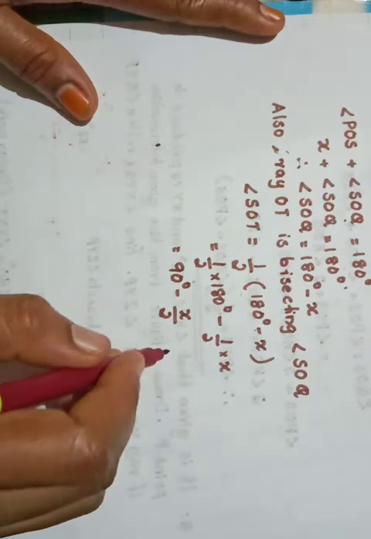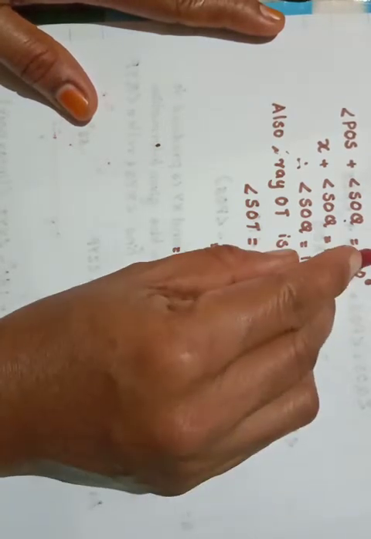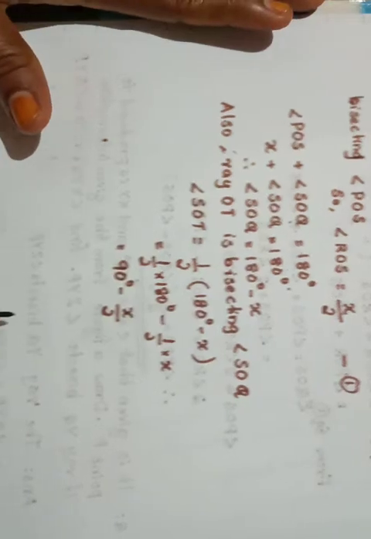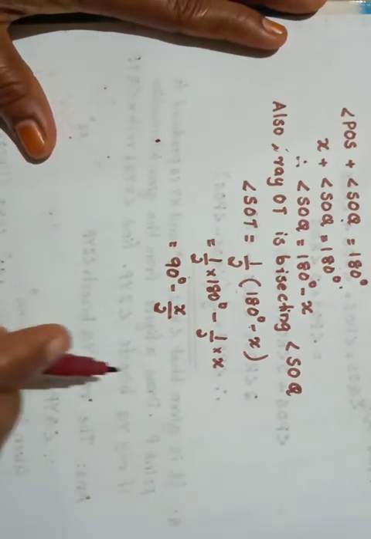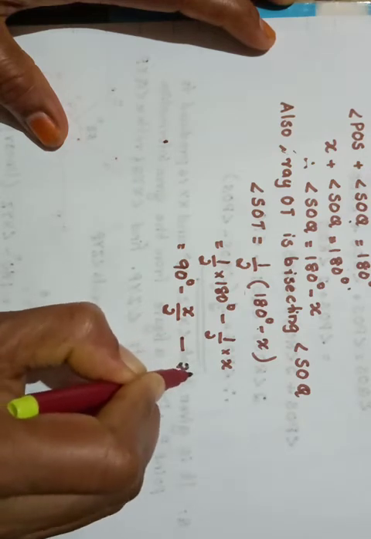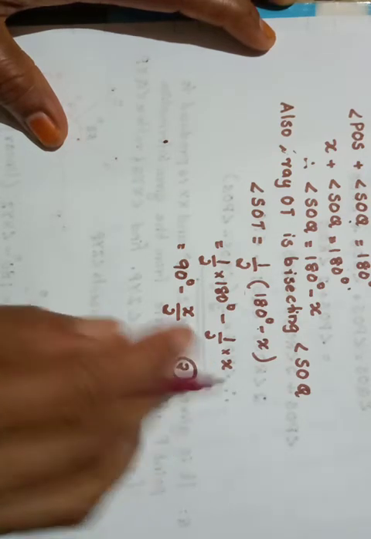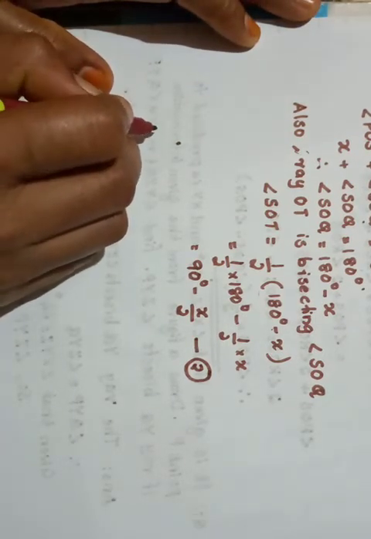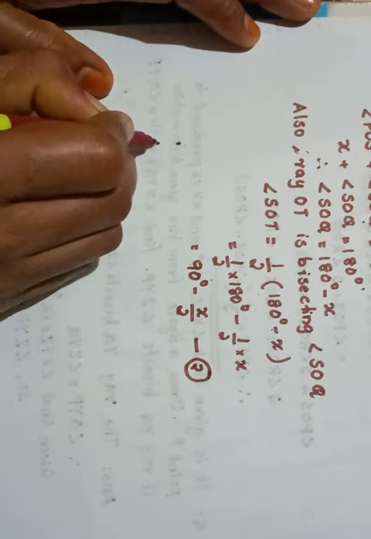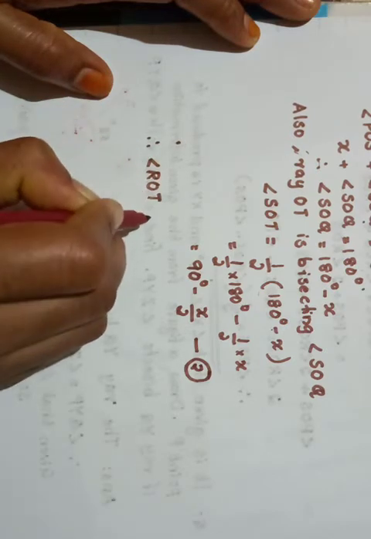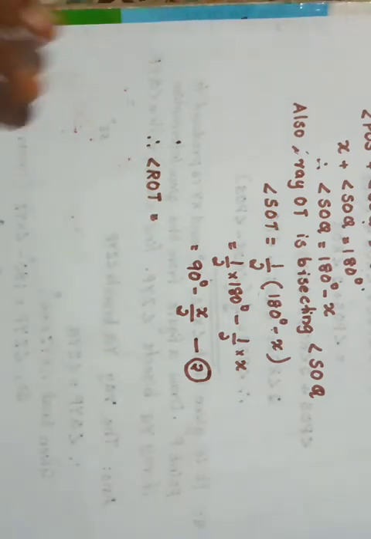So we got the two angles. One is ROS equal to x by 2, equation number 1. And now we got SOT is equal to 90 minus x by 2, equation number 2. So our question is find angle ROT. Now listen to the question once again.